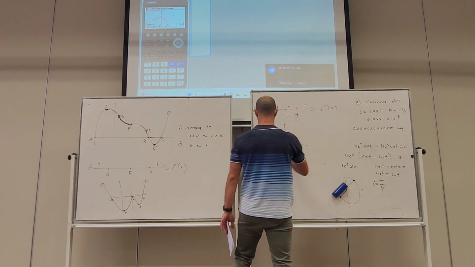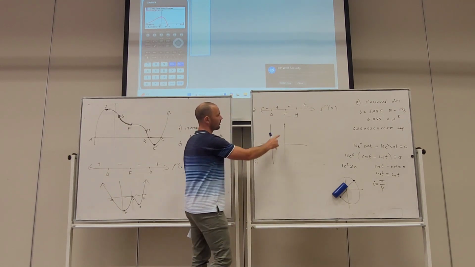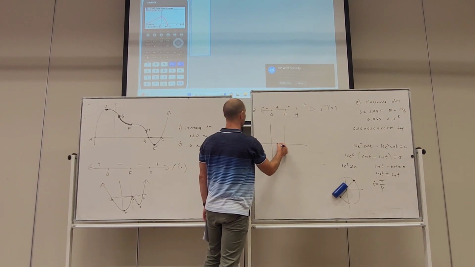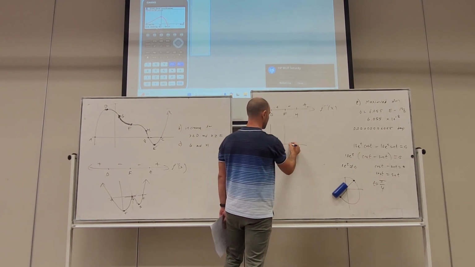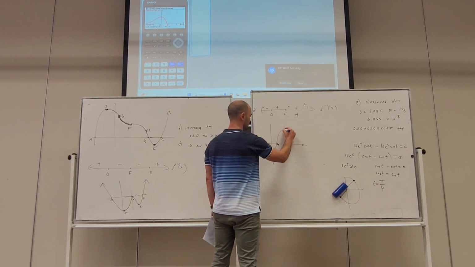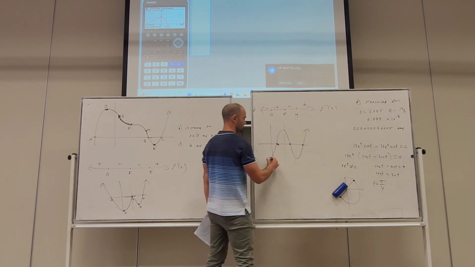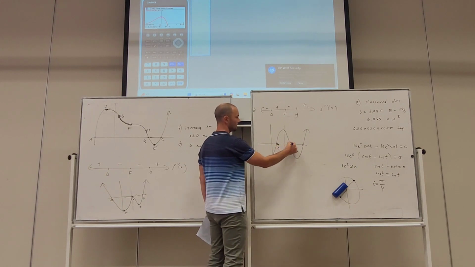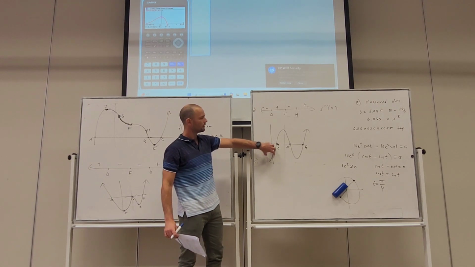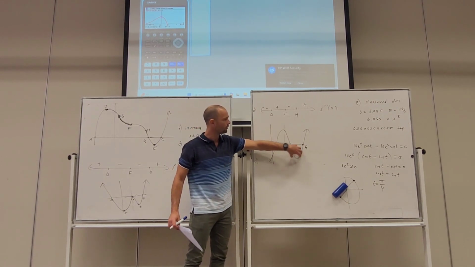So it's negative until we get to G, and then it's positive until we get to F, and then it's negative until we get to H. So I was just going like this. Here's G, here's F, here's H. It's below, above, below, above.